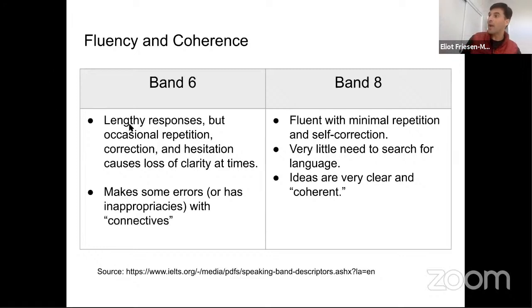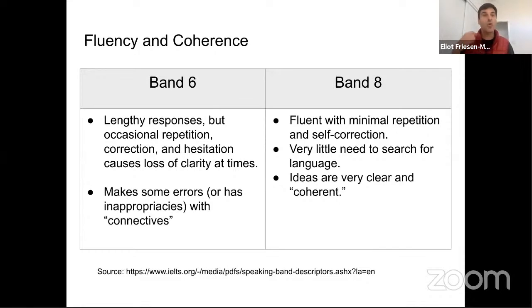And so at the band score level 6, someone who's going to score a 6, they are capable of speaking at length about almost all of the questions that the interviewer asks you, even the difficult ones in part 3, you're able to say something. But at the band score 6 level, there's going to be occasional repetition.